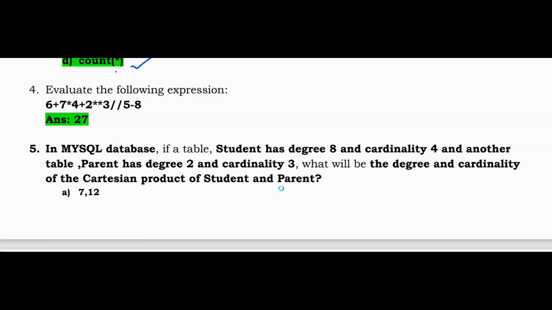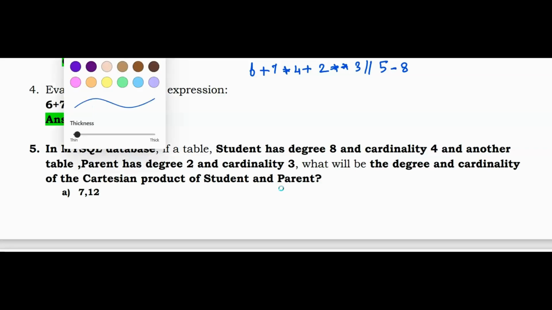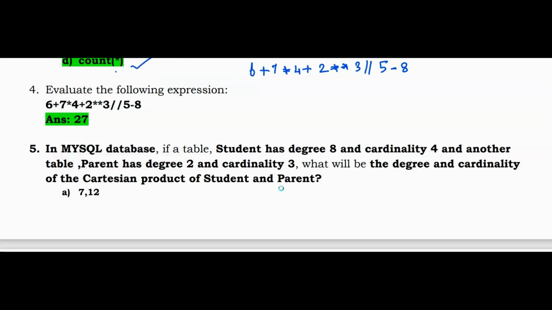They have given 6 plus 7 star 4 plus 2 exponent 3 floor division 5 minus 8. So let us solve this question. The first precedence will be going to this 2 exponent 3, which is nothing but the exponent operator.